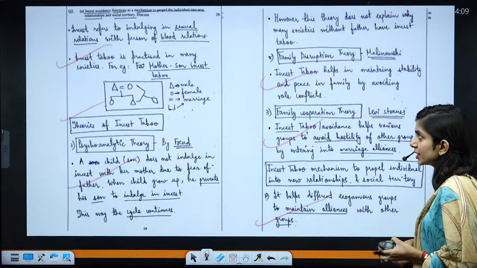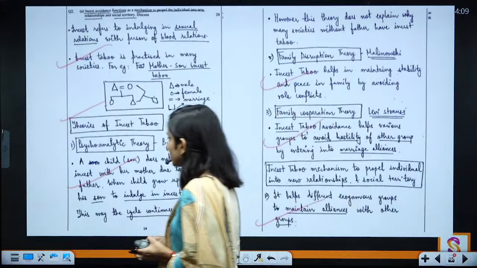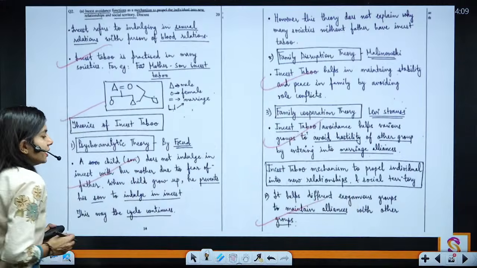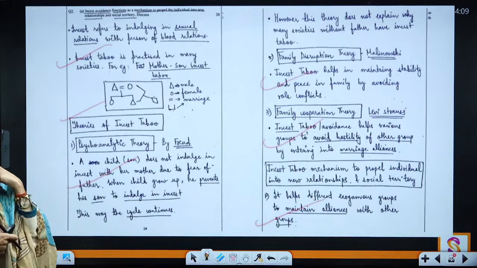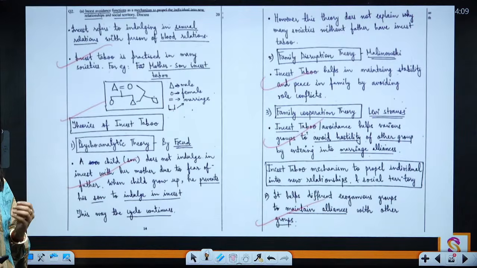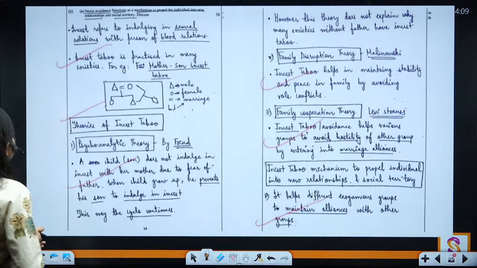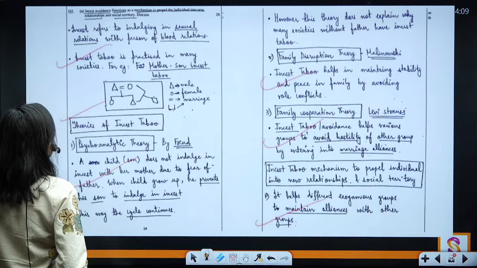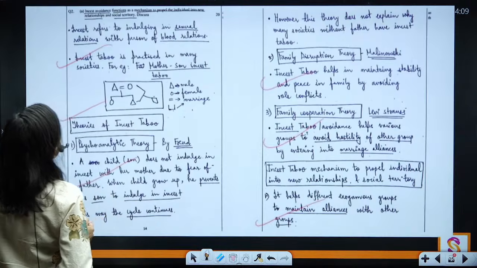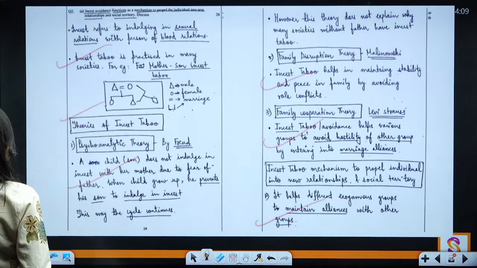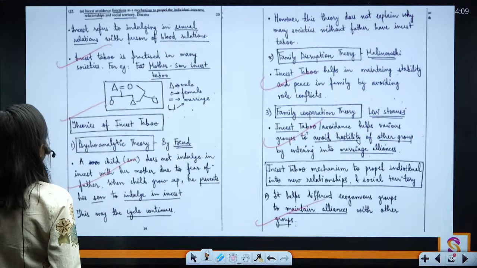Now see what question has been asked here. This copy is of Nidhi Pai, who got 325 marks, the highest mark. The question: incest avoidance functions as a mechanism to propel the individual into new relationships and the social territory, discussed.